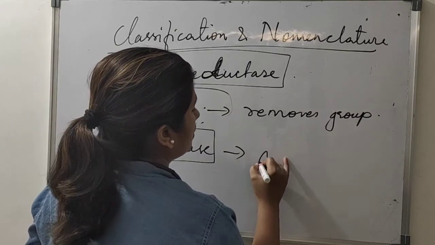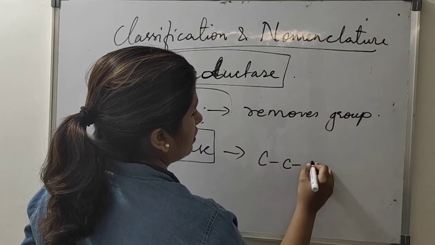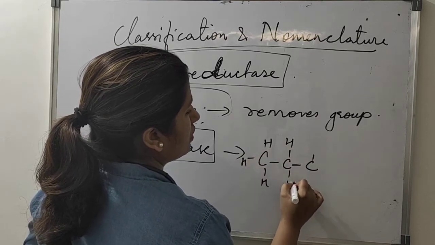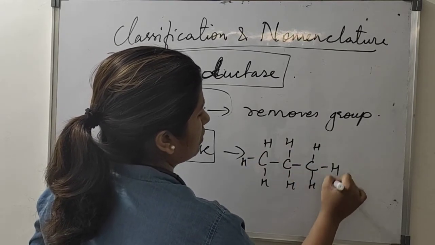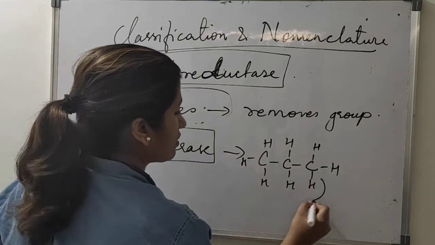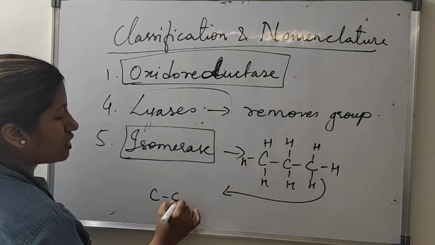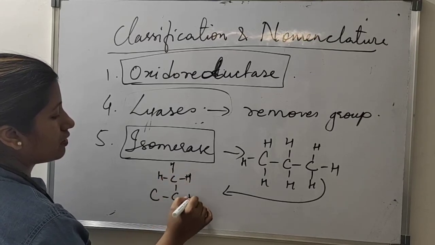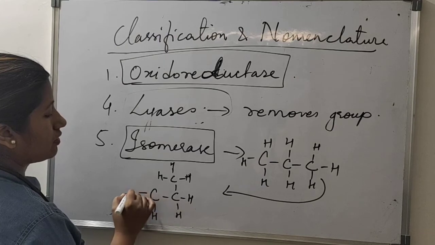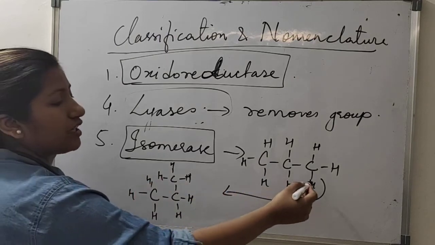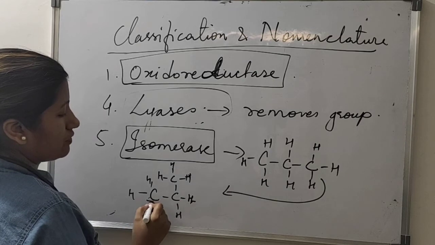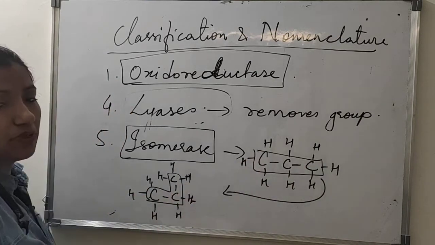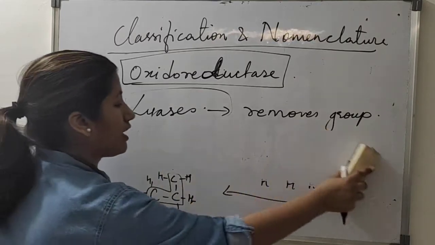For example, if this is a compound, now due to the presence of isomerase, this compound will change its shape like this. So to change the shape of the carbon chain, you can see here the carbon chain is like this, here the carbon chain will be like this. That is the role of isomerase.